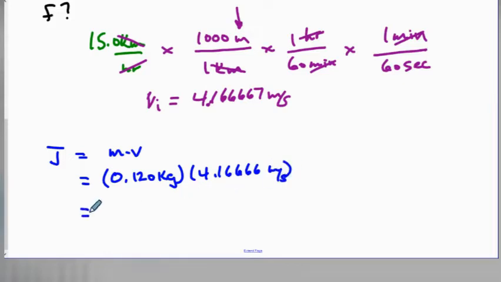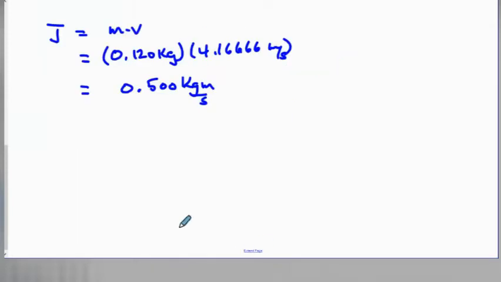And so I had an initial momentum here of 0.5 kilogram meters per second. And that's before the puck touched the teammate's stick.